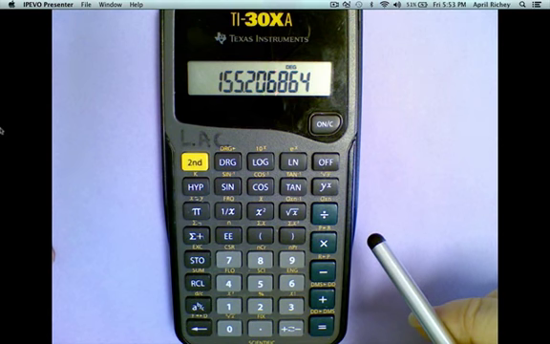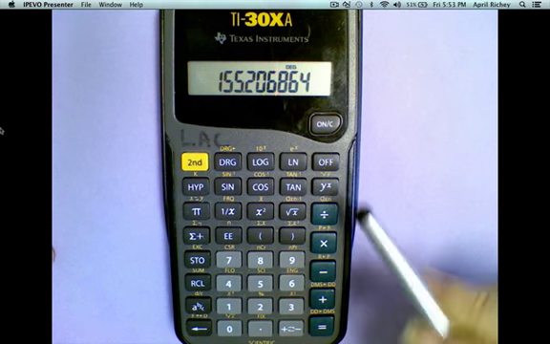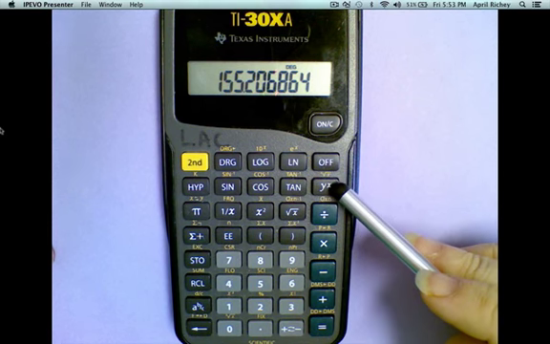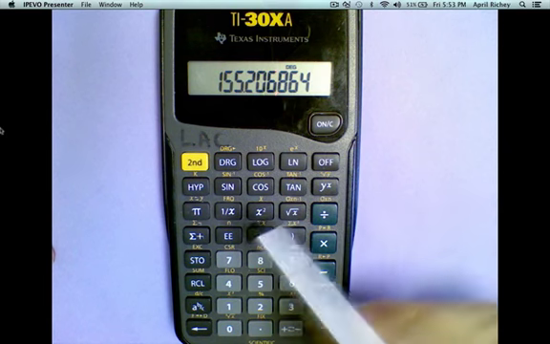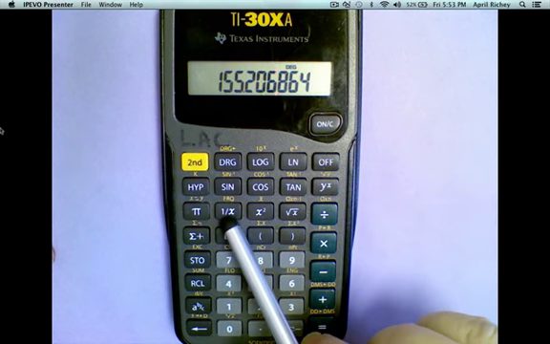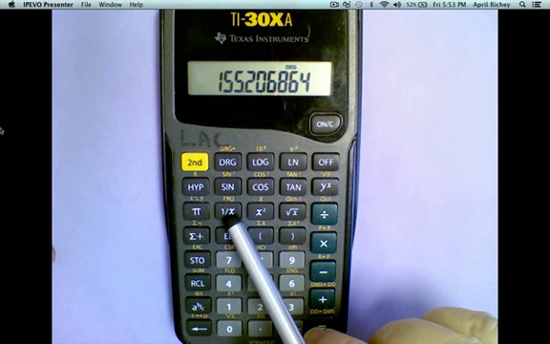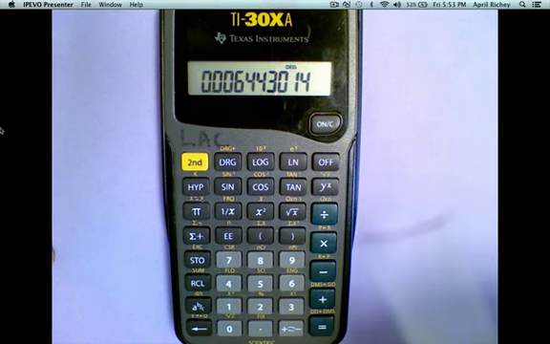Now I need to raise this to the -1 power. You can do that with your exponent key, or if you remember, the shortcut to raising something to the -1 power is to press the 1 over x button. When I press that, I get 0.00644.